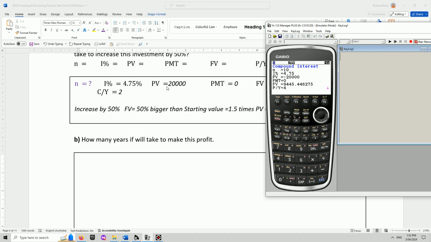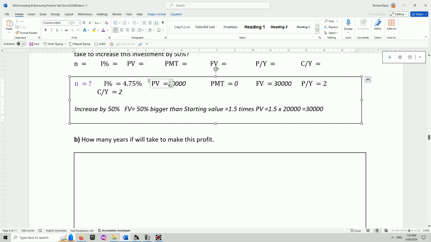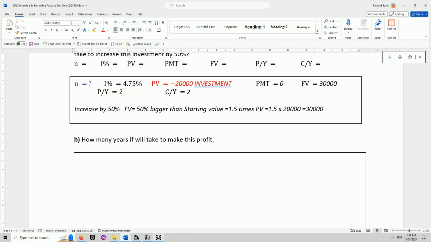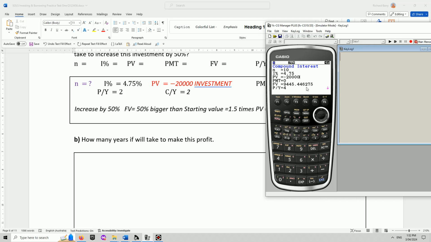It's an investment, so this should be minus because you're putting that money into the bank. Okay, there are no regular payments. I want the final value to be $30,000.